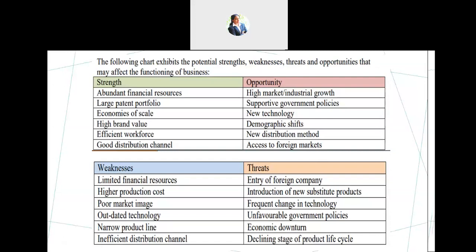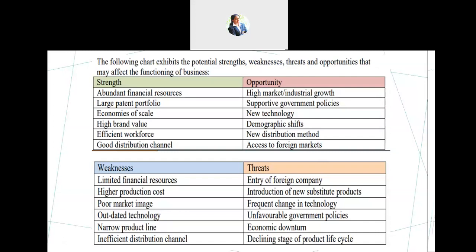Now when it comes to production, the organization might have economies of scale. Economies of scale is nothing but minimum cost, maximum output with minimum resources, in such a way that no other organization can best possibly produce the same product for the price that it is going to put in the market.